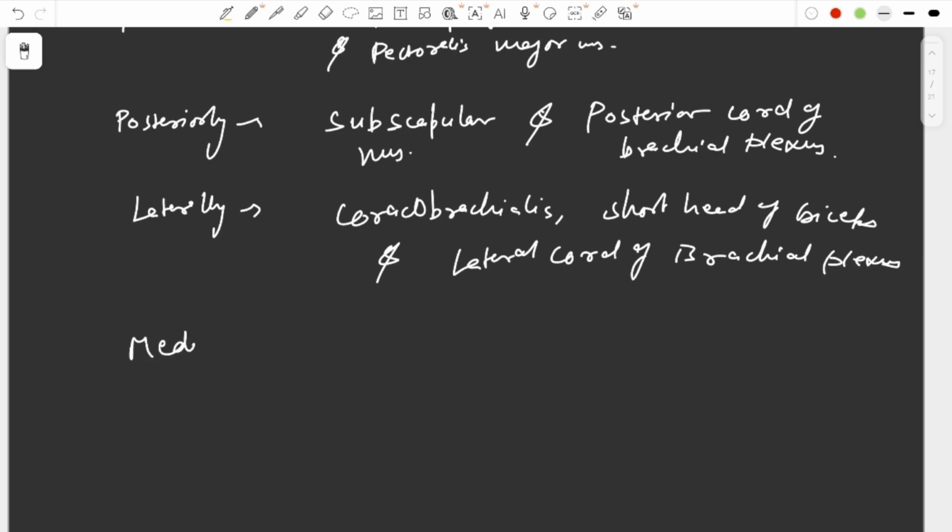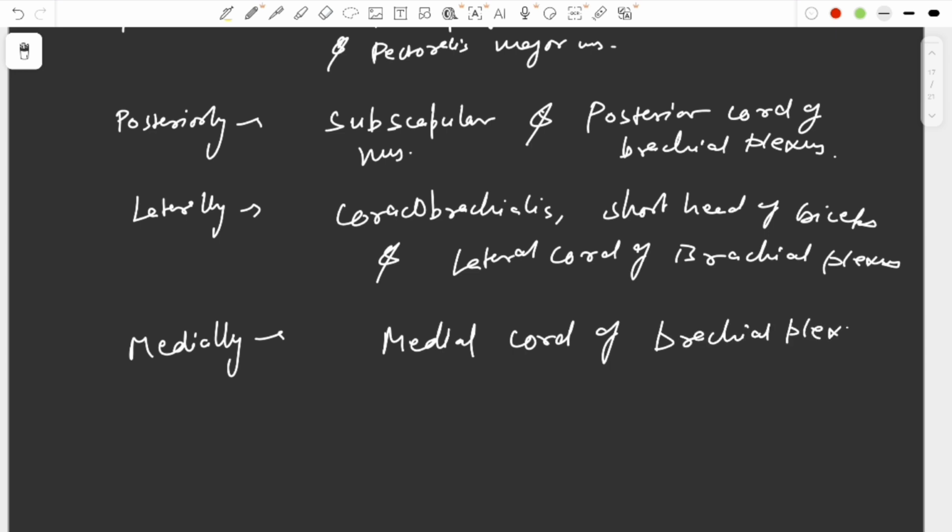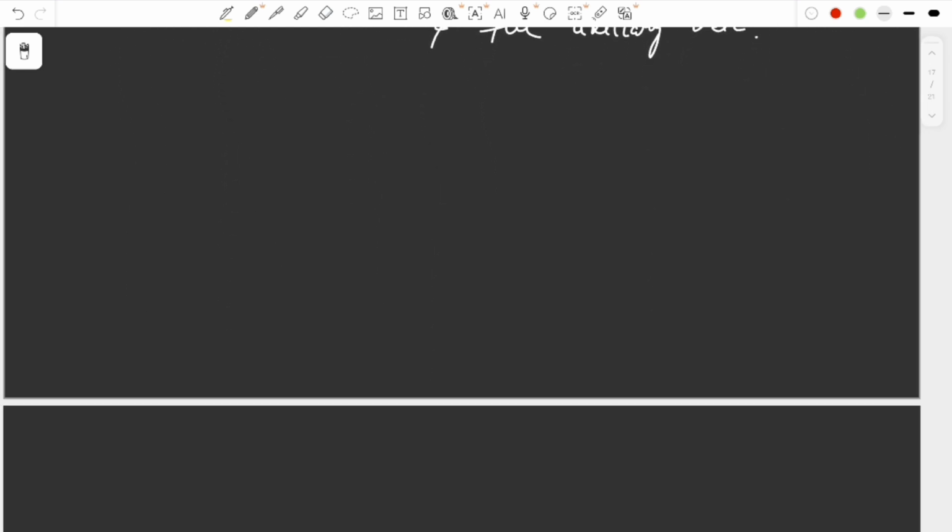And medially lie the medial cord of the brachial plexus and the axillary vein.